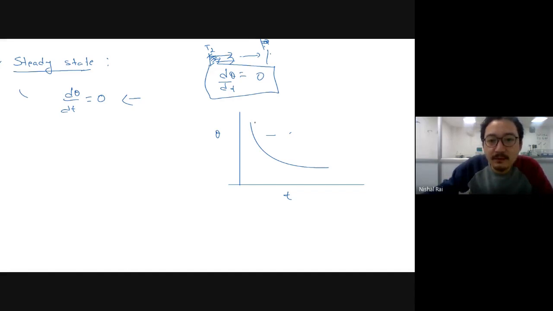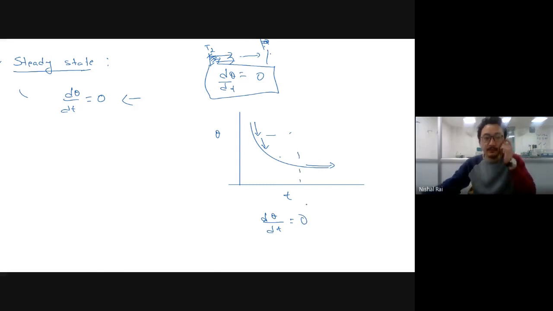Initially the temperature keeps on decreasing, but at a certain time it will become flat, and del theta by del t will be 0 at a certain limit. This limit is called the steady state.